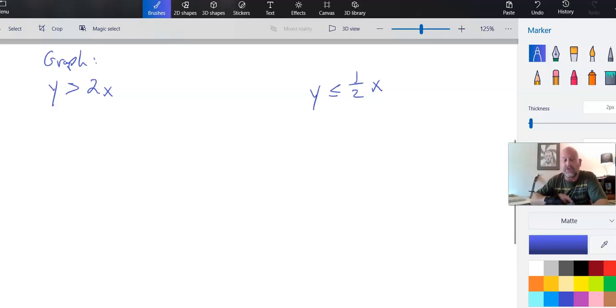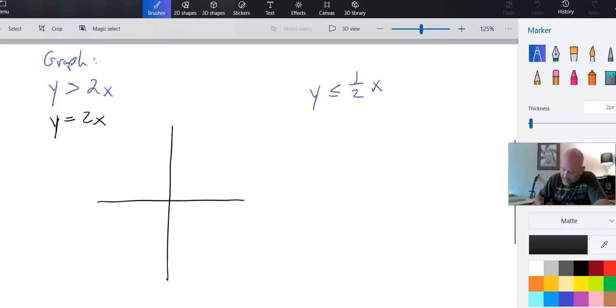Okay, I'm assuming you've paused it here. Now, when you graph these things, remember all the techniques for graphing lines are still in play here. We always start by looking at it as if it's an equation, even though it's not, because that's going to be where the boundary is, the equation of the line. So we have y equals 2x.